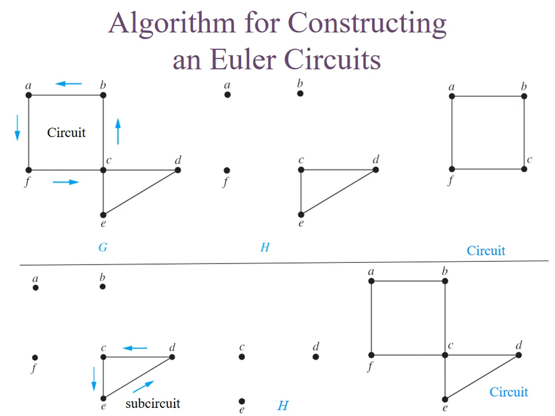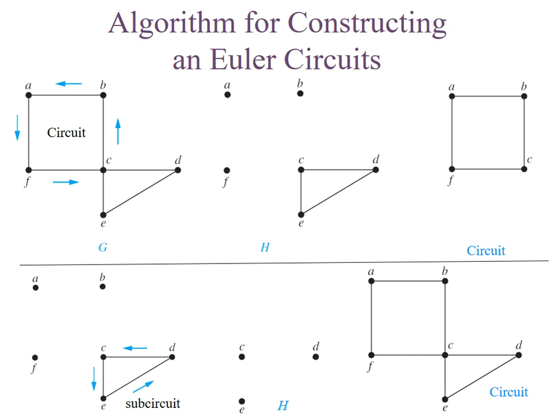Based on the graph H, we can apply the algorithm again. We try to find an Euler circuit at a smaller scale. In this case, we have the triangle here, so we can discover a circuit from this triangle.